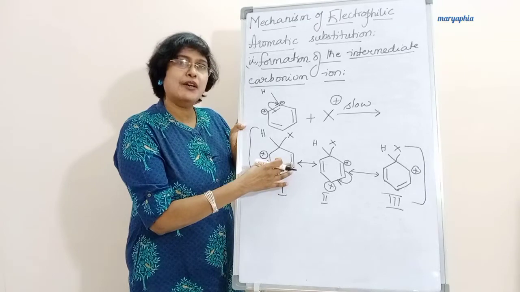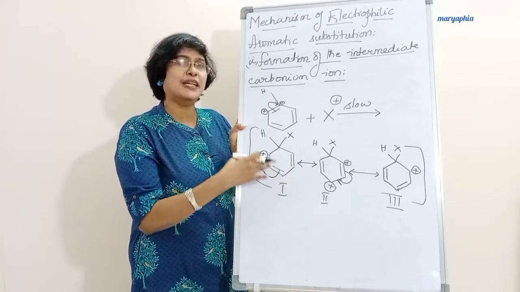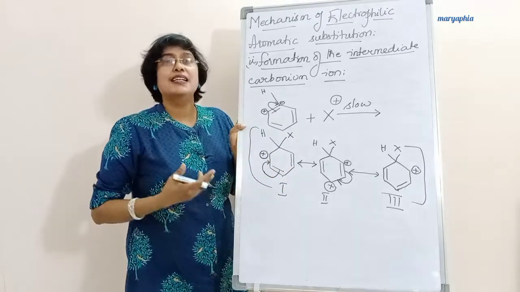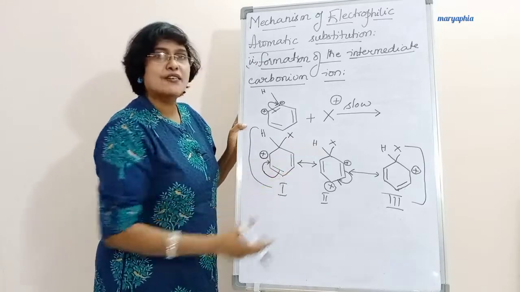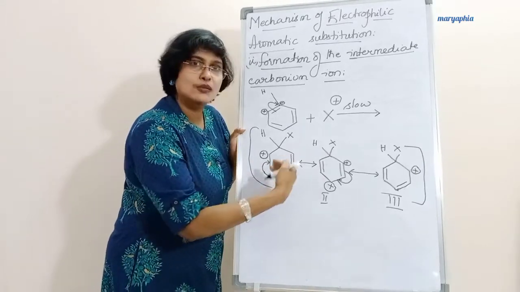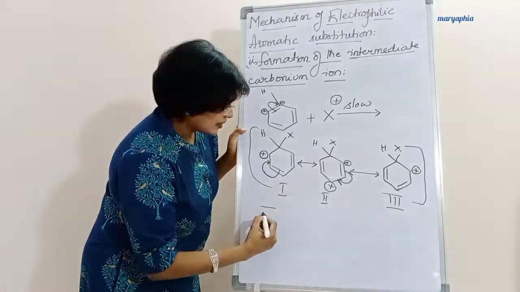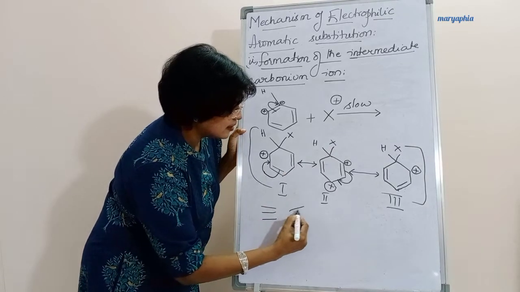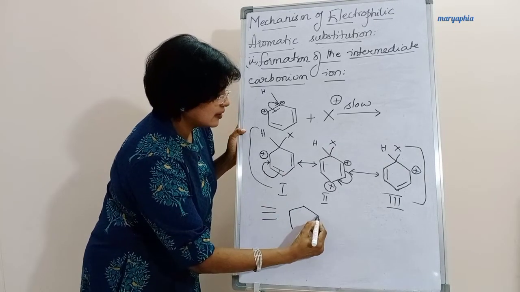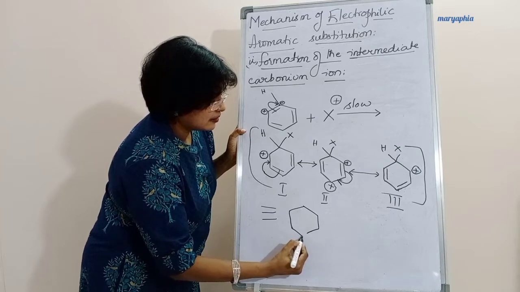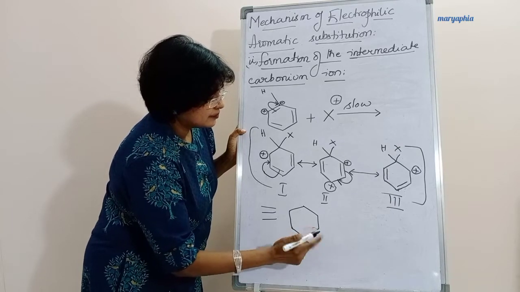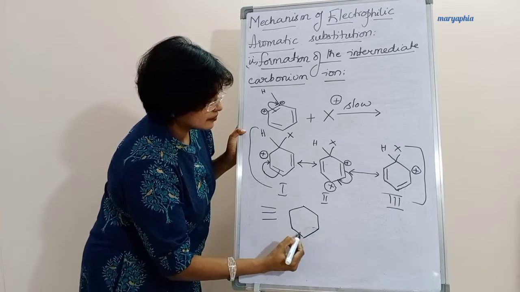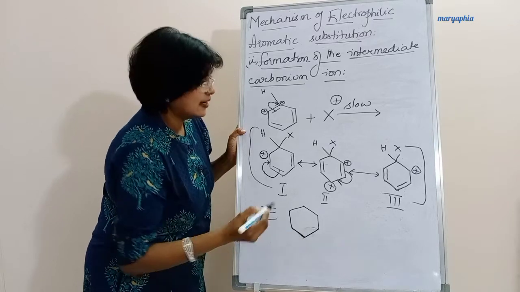The carbocation, that is the intermediate ion formed by the attack of the electrophile, is stabilized by these resonating structures. Now these three resonating structures we can represent by the resonance hybrid.